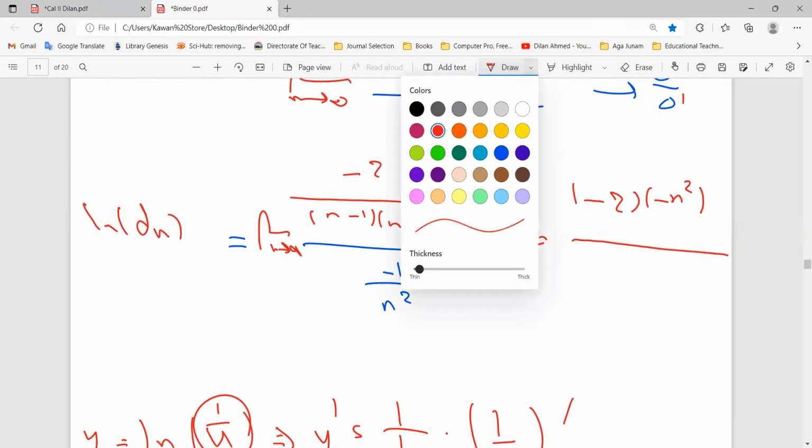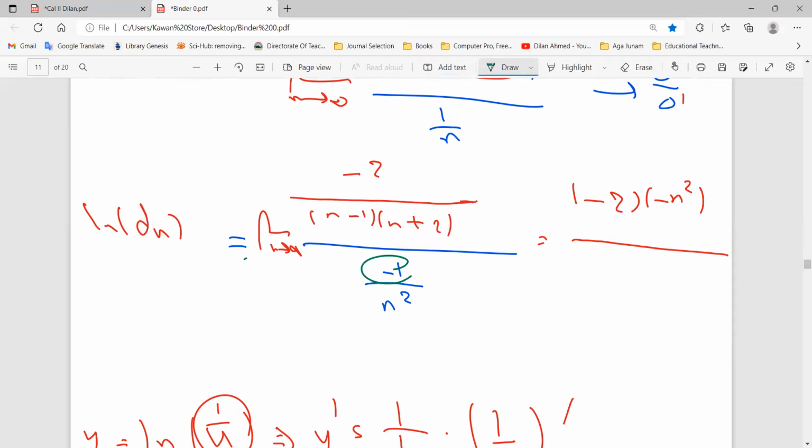So by the rule, that minus with that minus. So I'll get what in here? Just, sorry, just what? 2n squared.